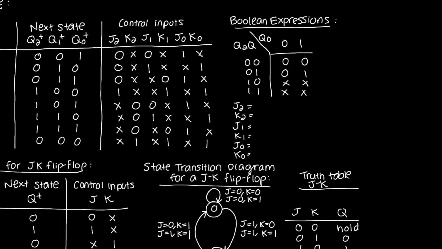So just simplify like that. And what do I get? I get J2 is equal to, I wrote my K-map wrong.